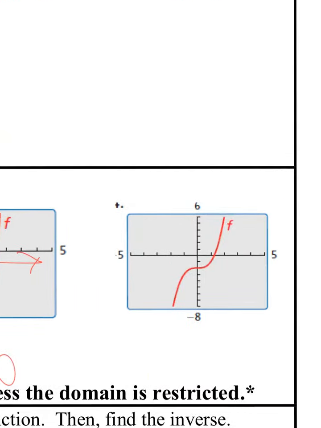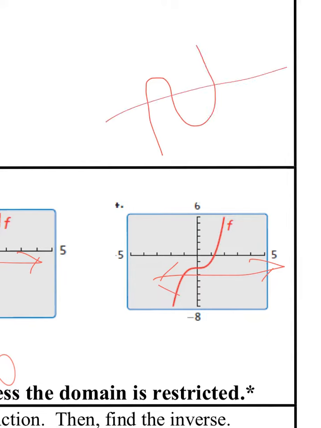And the last one, well, draw a line through it, and it looks like it checks out. And there's a little dip here. It doesn't look like it dips a whole lot.